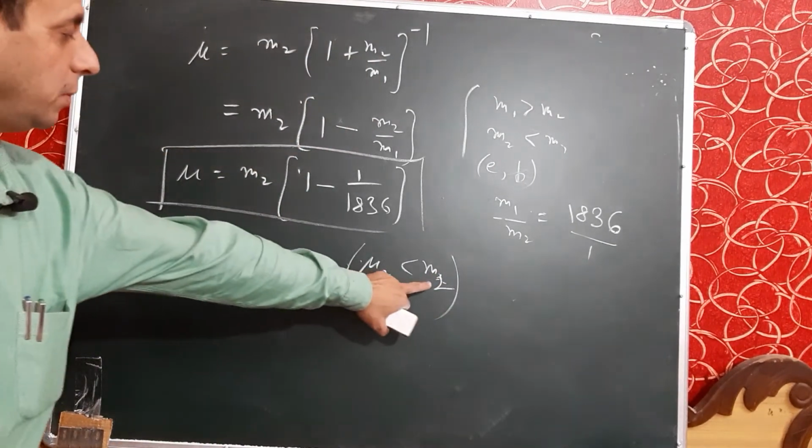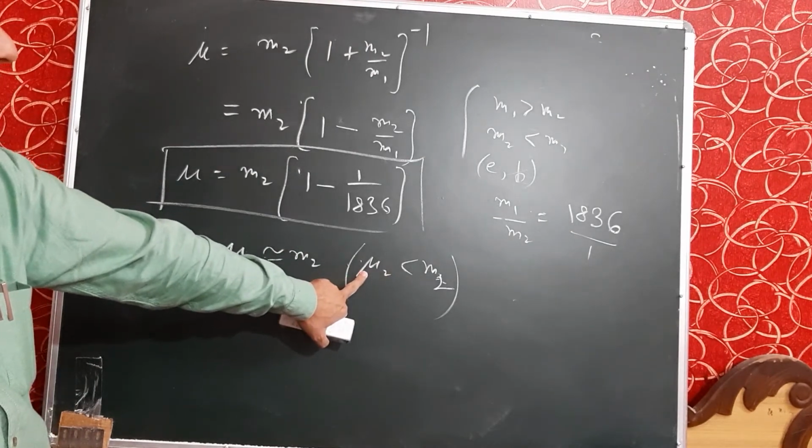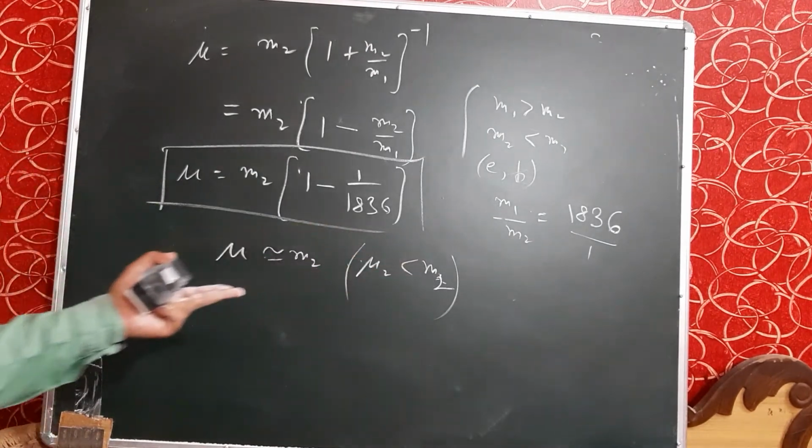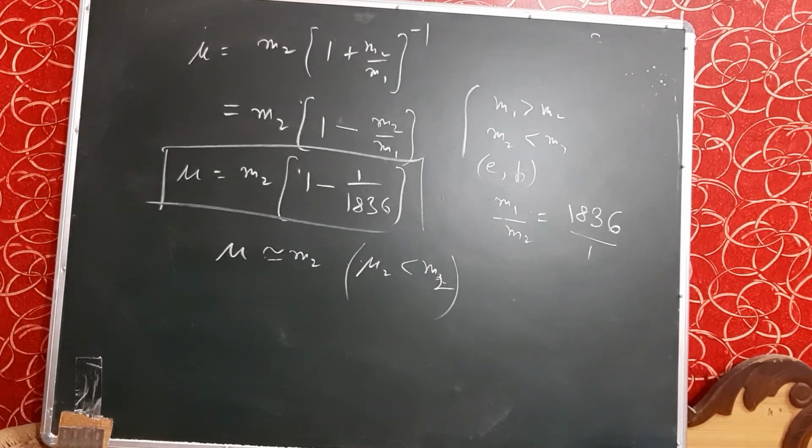Obviously it is also less than the mass of the heavier particle. So overall, it is concluded that the reduced mass is less than the mass of both particles. So this is the concept of reduced mass.